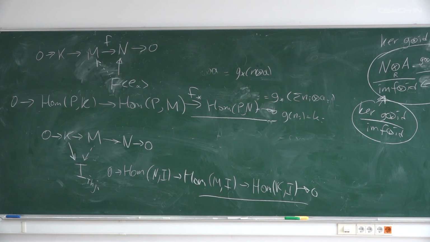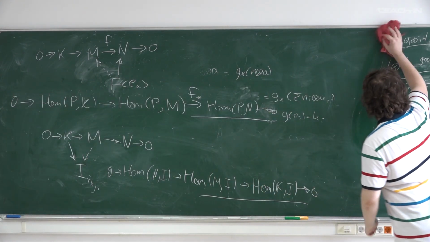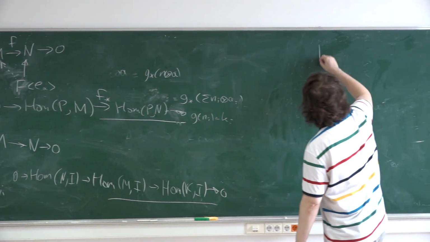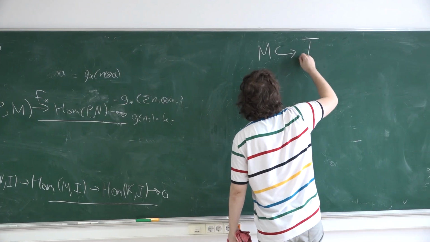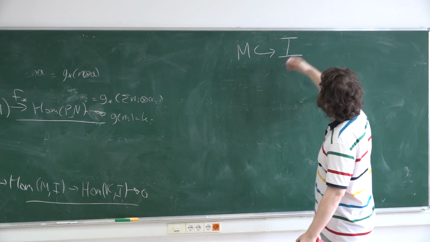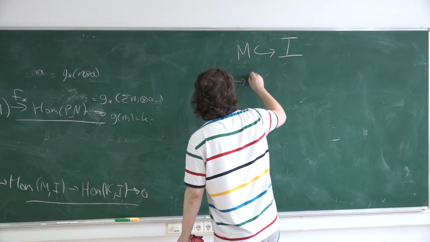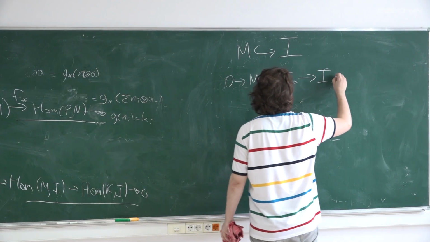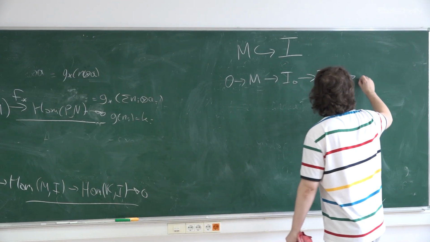Yes, and we proved that any module can be embedded into an injective one. For any module, we can consider an injection into some injective module. And from this, we also obtain an injective resolution. It's an exact sequence such that all these modules are injective.